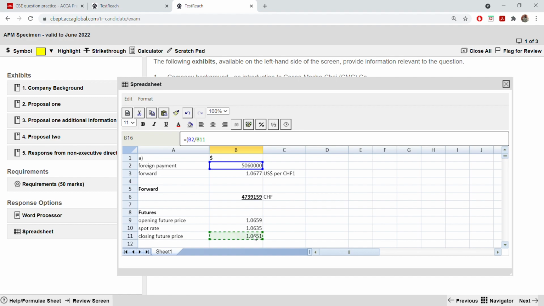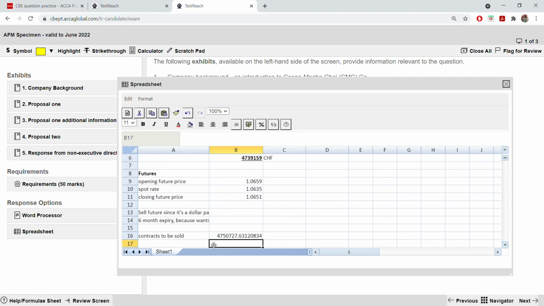Then put bracket. You can directly divide it again by 125,000, but I will put the contract size in a different cell because later I can use it for my later reference, 125,000.